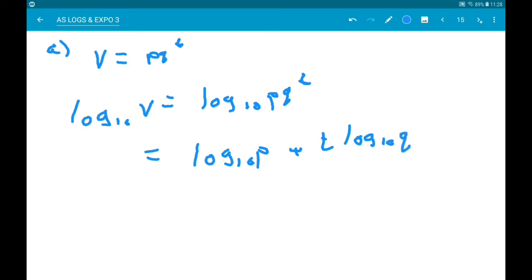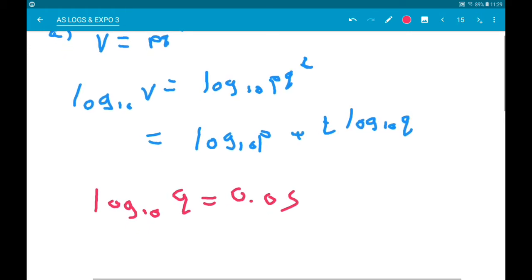So now we compare that to the equation of L. We know the gradient was 0.05. So here our gradient is log 10 Q. So that tells us log 10 Q is 0.05.